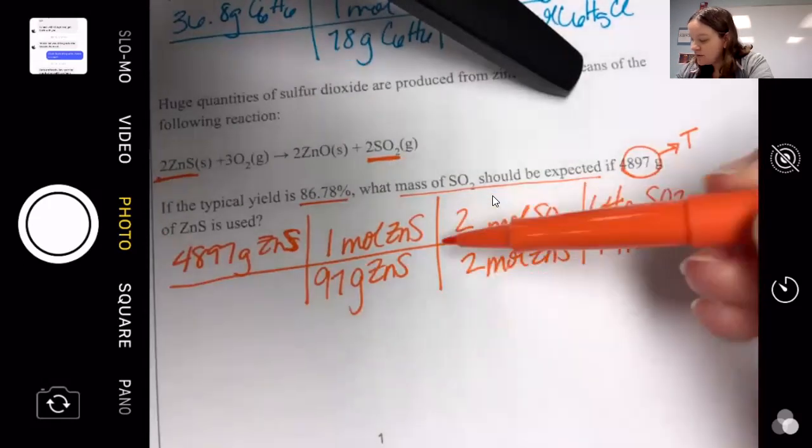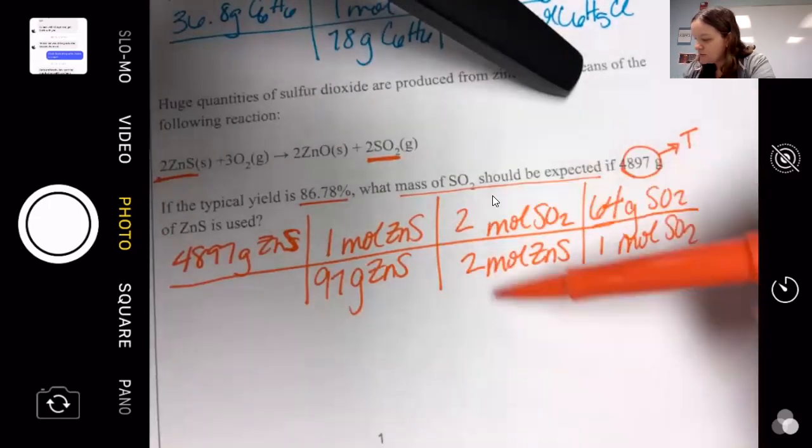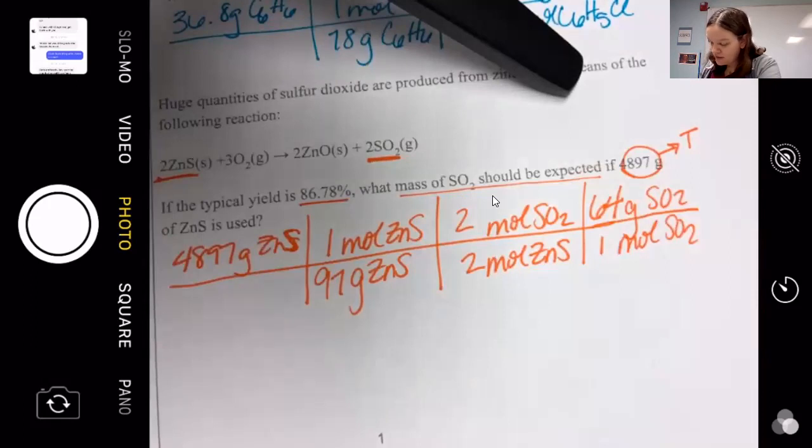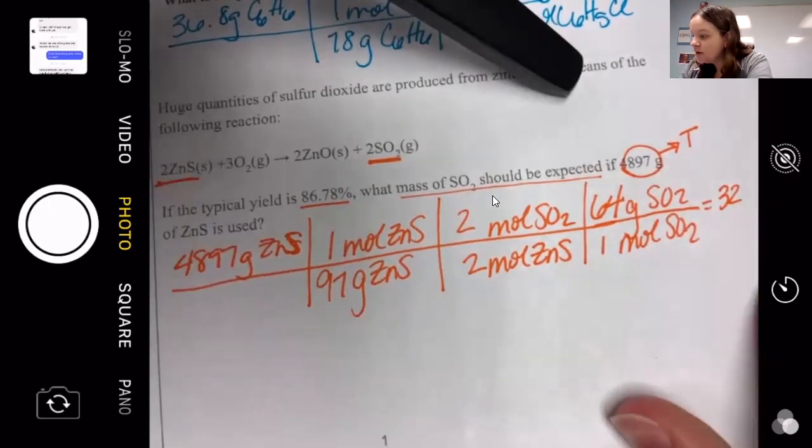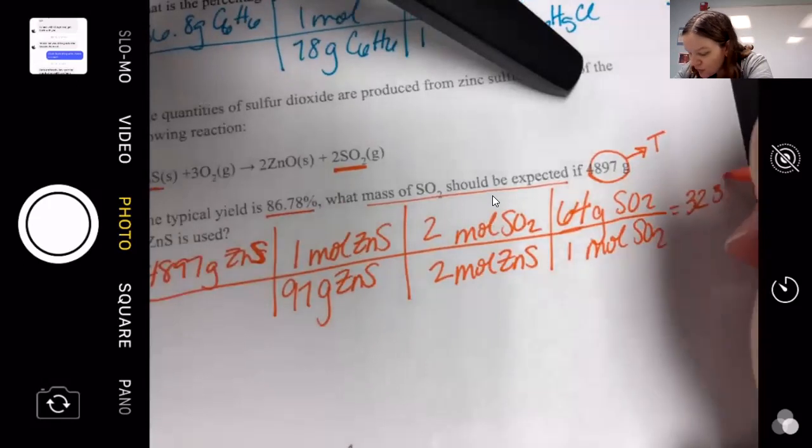Okay, so I don't need to multiply by 2, so I'm just going to divide by 2. Those go away. So my math here becomes 4897 times the 64, divide that by 97. So my theoretical yield is 32.31.